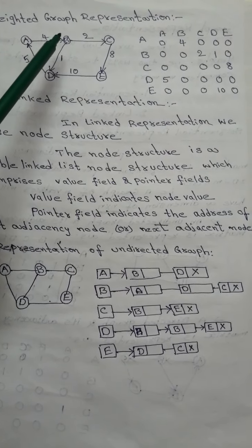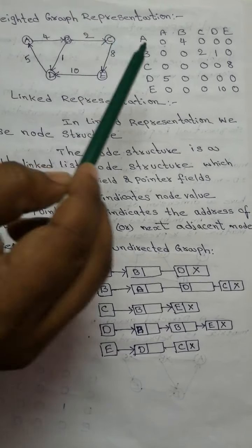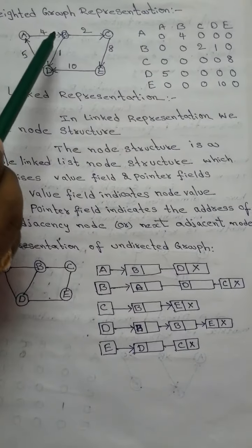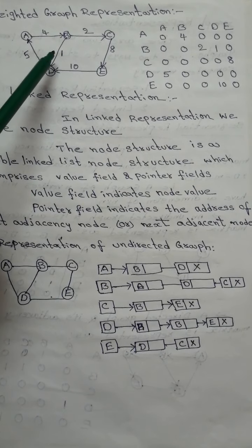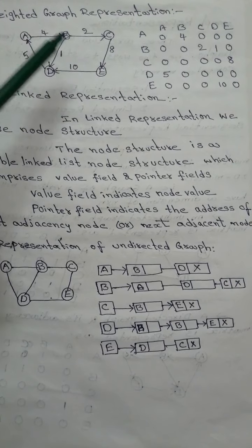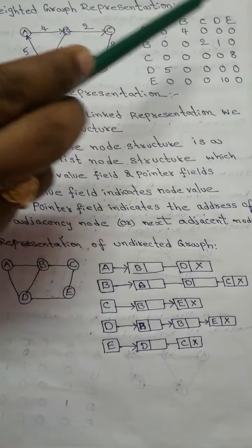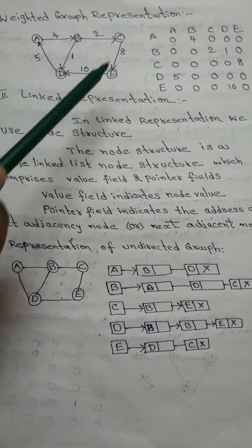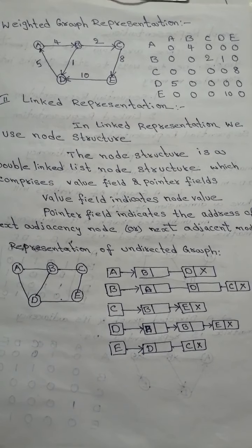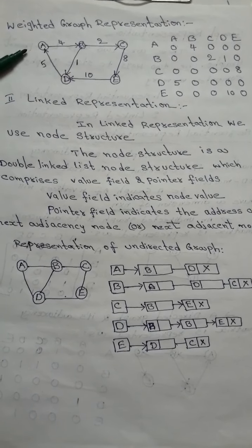Coming to B, B to C having an edge with weight 2, so B to C 2. Next B to D having a weight 1, so B to D 1. Next B to E there is no direct connection, so 0. Like this we traverse all the vertices. So this is the sequential representation.